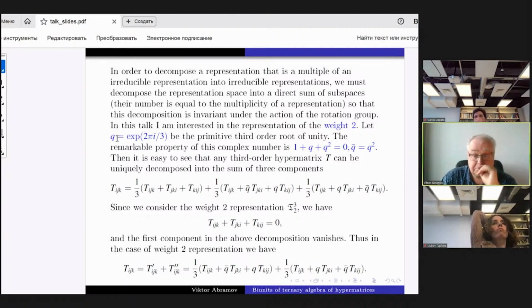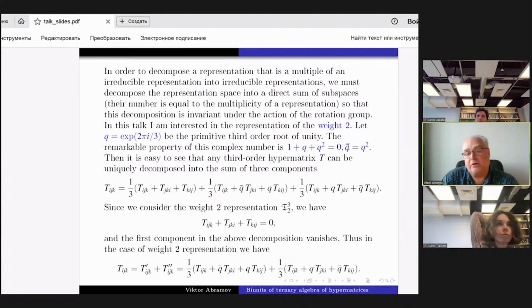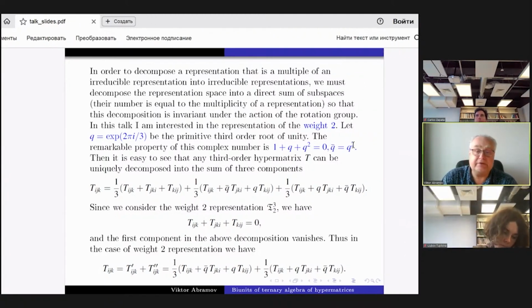So here we have properties of this parameter. The sum is 0, and if I take a complex conjugate, then I get q squared. And this is a general fact that any hypermatrix can be decomposed into the sum of 3 components. Actually, Richard used this decomposition in his talk. So I can write here the sum of cyclic permutations without q.